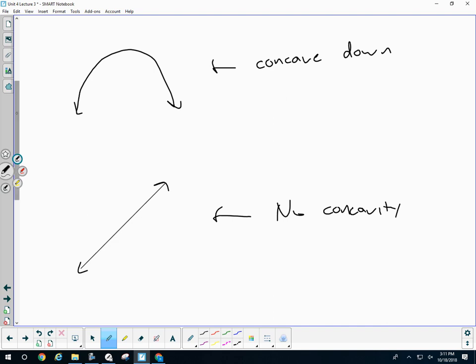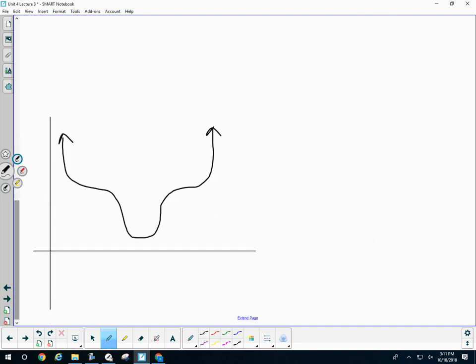But functions aren't always concave up or concave down. They can change. For example, this function changes its concavity in multiple locations. So I have these dots located because it looks like this piece right here is opening upwards as it's decreasing. So this is concave up and decreasing.